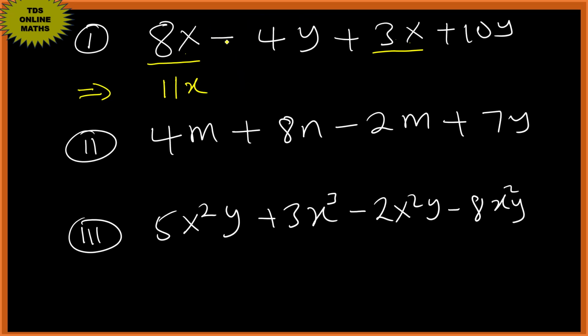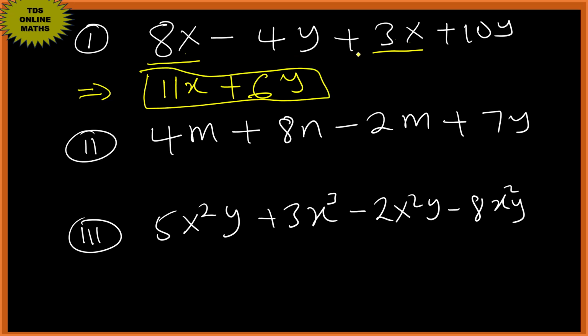And we also have negative 4y and plus 10y, so 10 minus 4 is 6, so we have 6y. So the correct answer for the first one is 11x plus 6y.